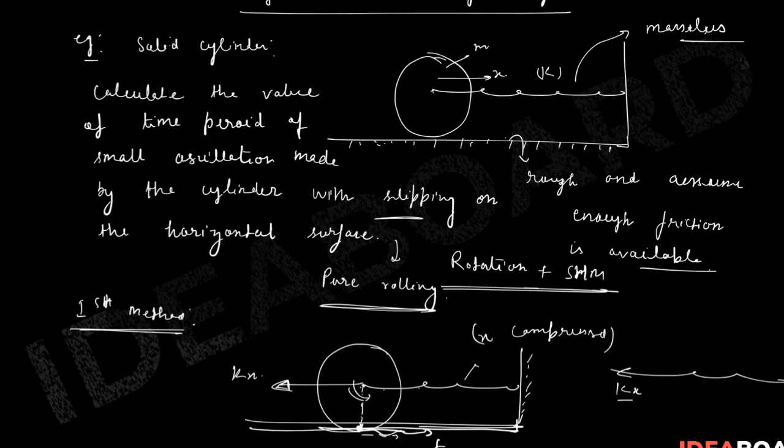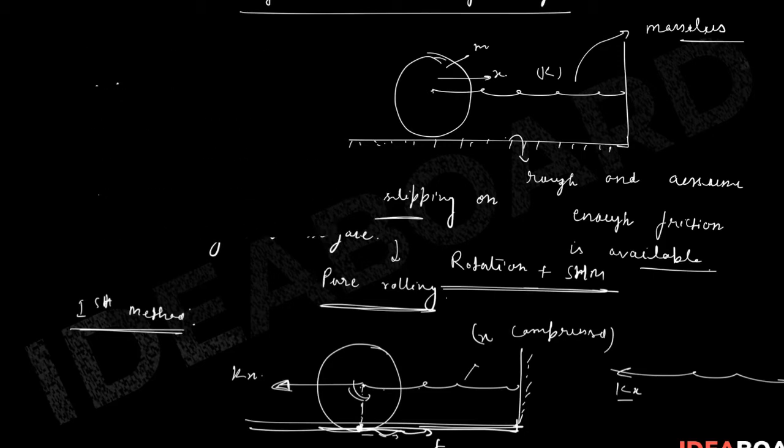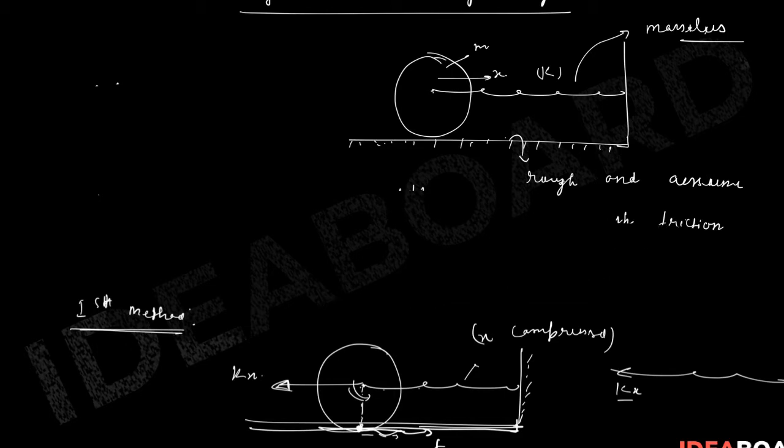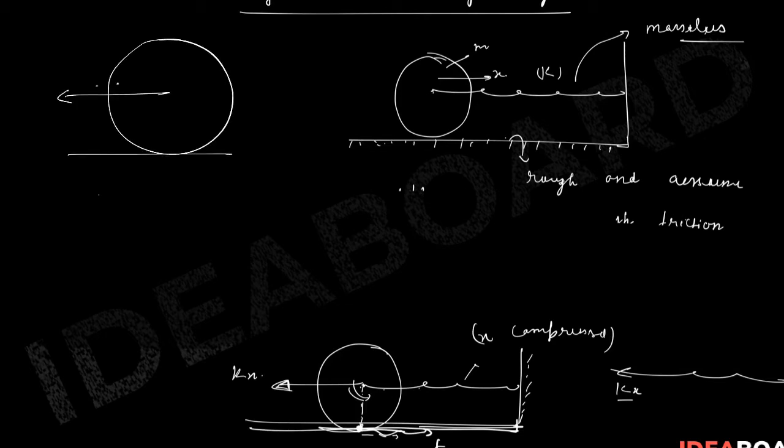So now if I see the separately FBD of this sphere which I have drawn, I can make this here to analyze this method better, like this was the sphere, okay, and there is one force which is kx, another force is the friction force. Of course I can assume the acceleration of the center of mass is ACM, and because of this friction force and this kx, there will be certain amount of angular acceleration alpha generated.